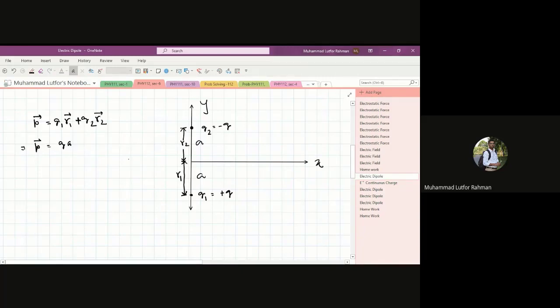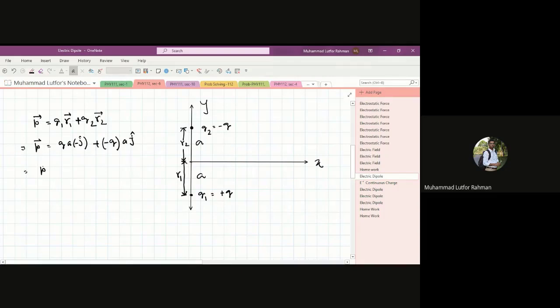And this is the distance from the center to that one, and that distance will be towards the negative Z hat, right? Now Q2 is negative, so I should write it in that form. Q2 is minus Q into A, and R2 is towards the positive Y direction. That's why I write in that form.